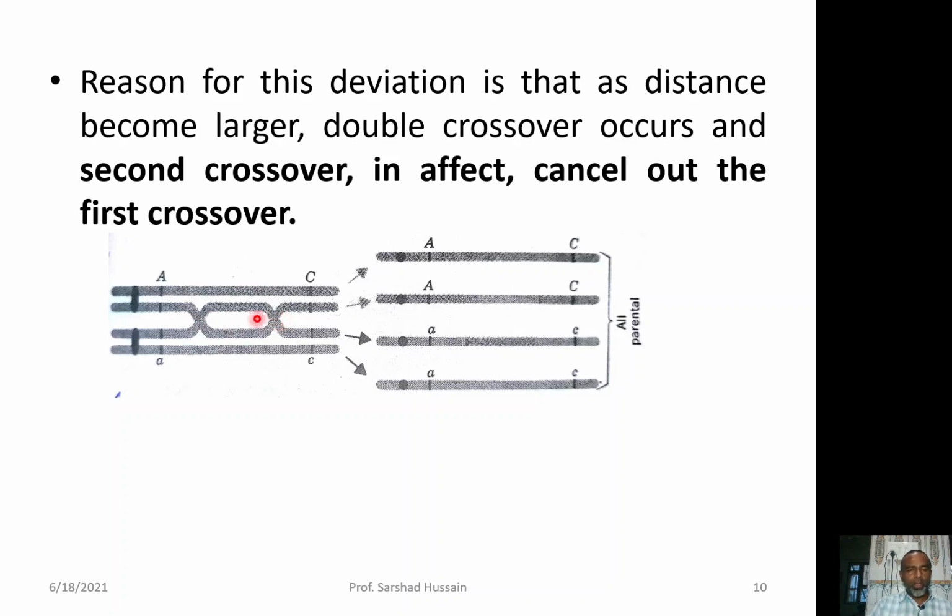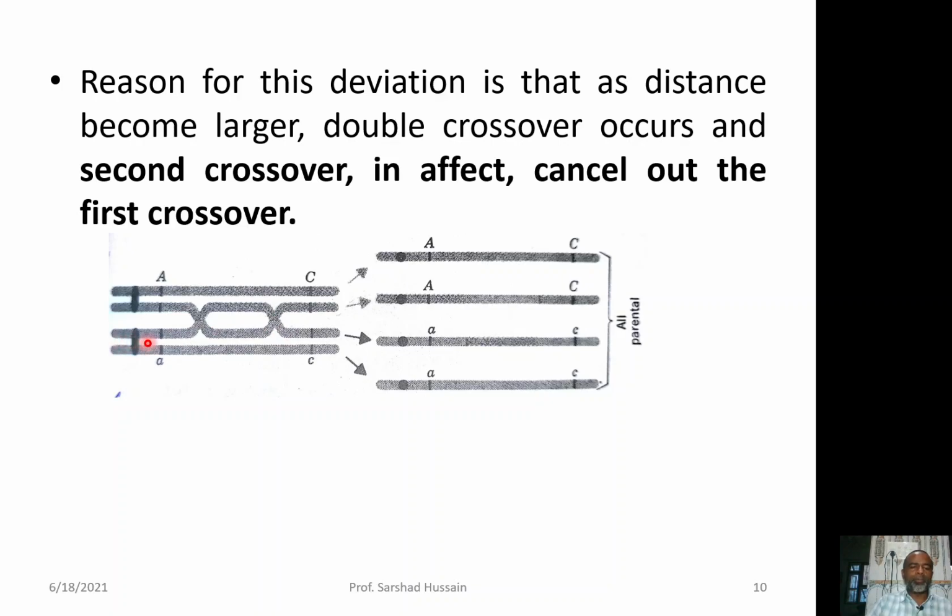How? Had it been one crossover only, then you may be able to detect recombinant individuals, which will have the capital A going alongside the small c, or the small a going alongside the capital C. But since the distance was enough, another crossing over has taken place.